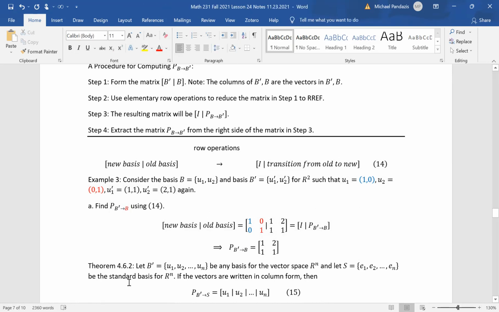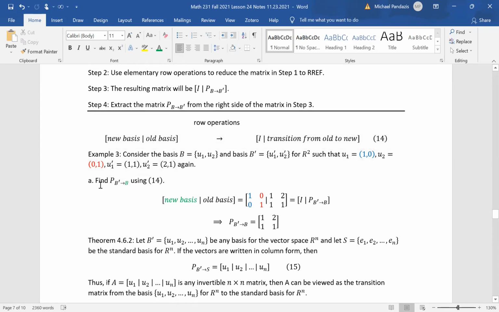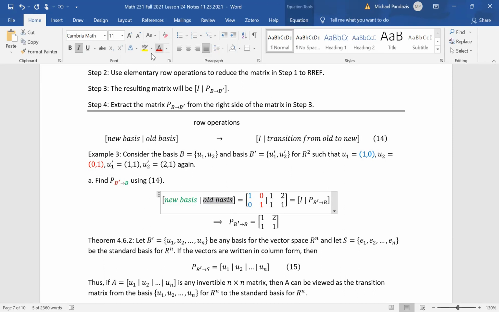Let me put a green here. So that's your new basis. It's a transition matrix from B prime to B. That means the result is the new one. The thing you get at the end is the new one. And your old one, I'm going to put that as brown. So it's the old one, and that's going to be the old basis.